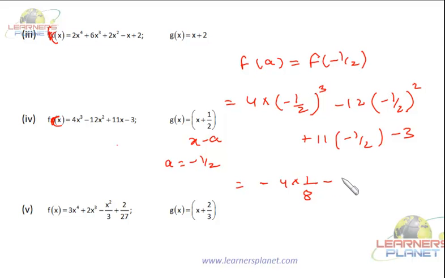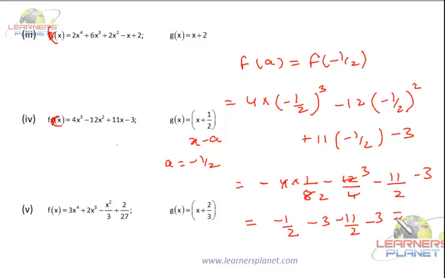Then it is minus 12 by 4. Then it is minus 11 by 2. And it is minus 3. So what we are getting, it's minus half minus 3 minus 11 by 2 and minus 3.